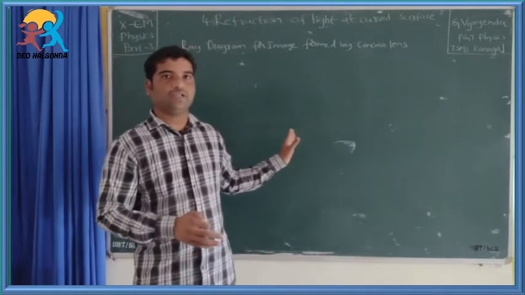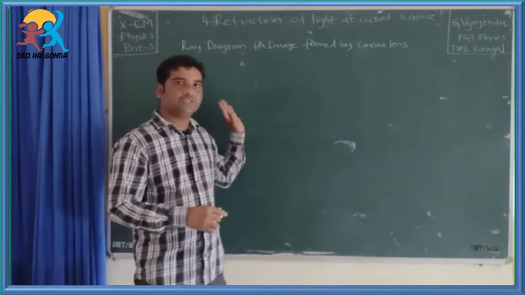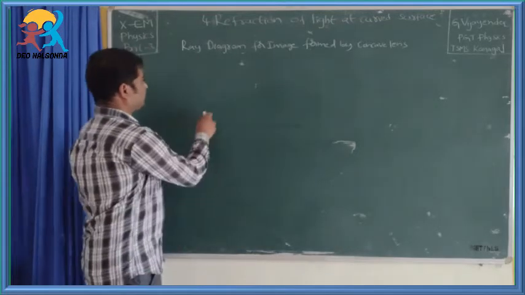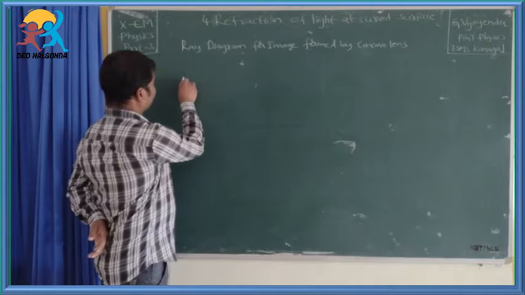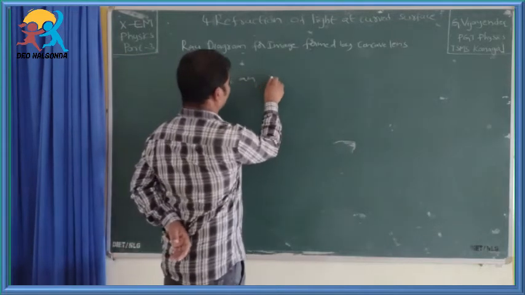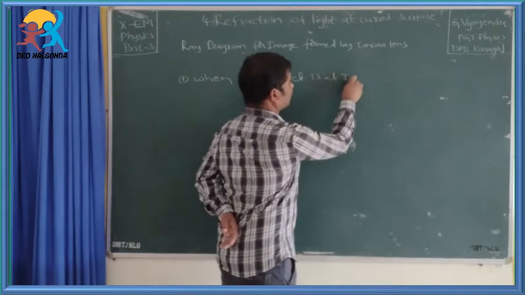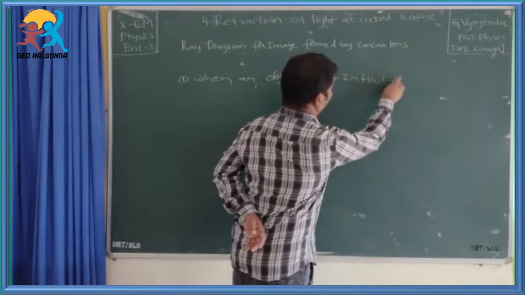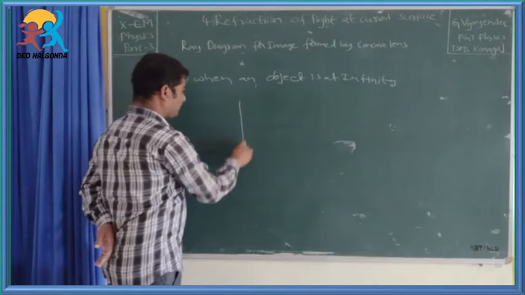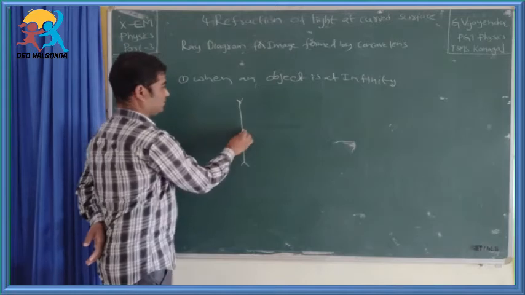Here the concave lens is a diverging lens, and we already know that when the object is at infinity, the image is formed at the focus. So in the first case, when an object is at infinity, this is the symbol of the concave lens.